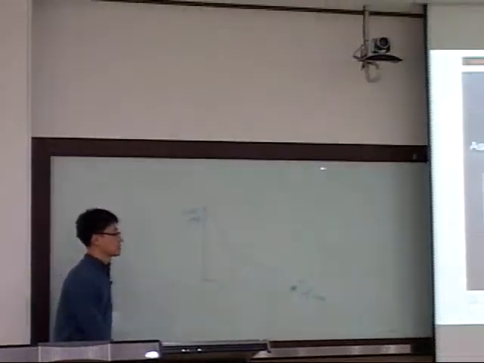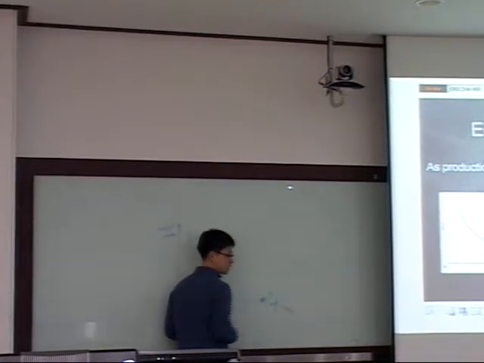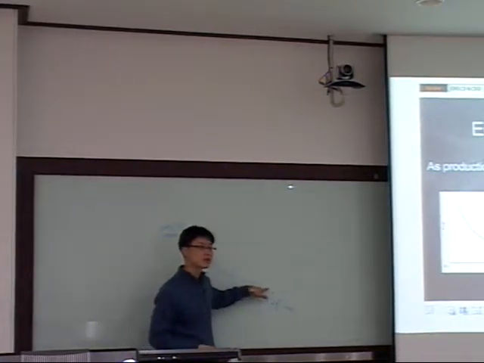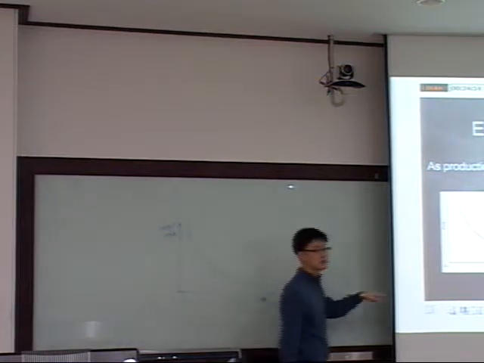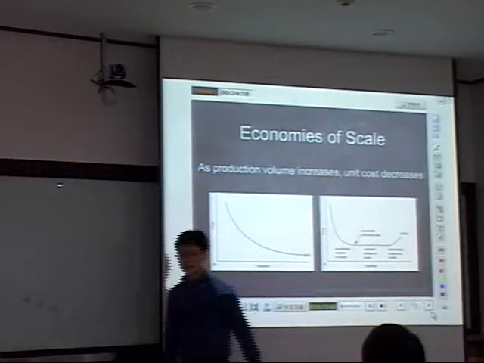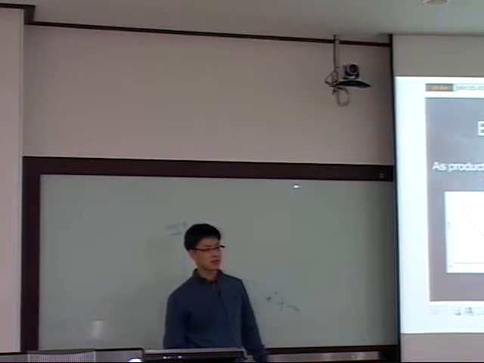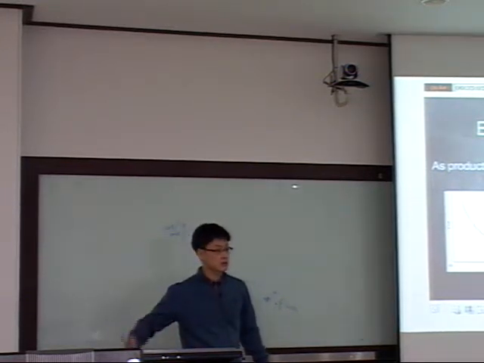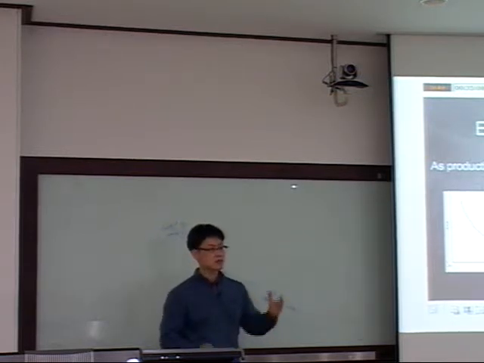But in the chart, if you go further, it does not asymptotically approach zero. At the very end, it goes up. If you're making too many units, then now you have to think about other things: storage, maintenance, all other things.